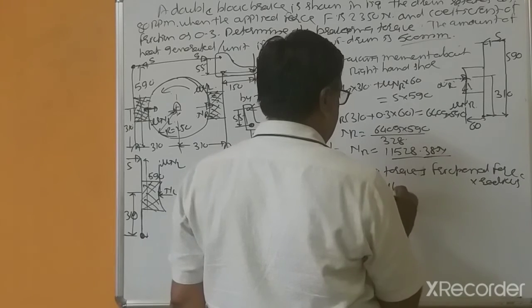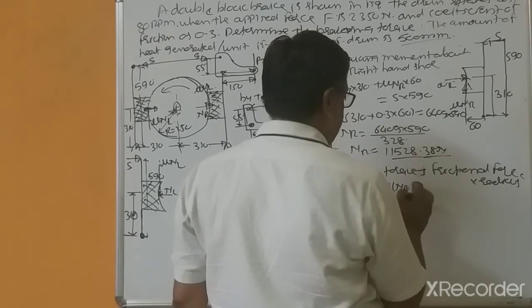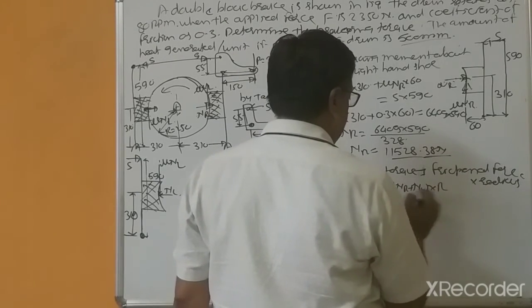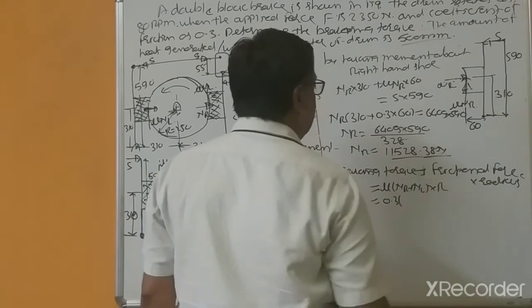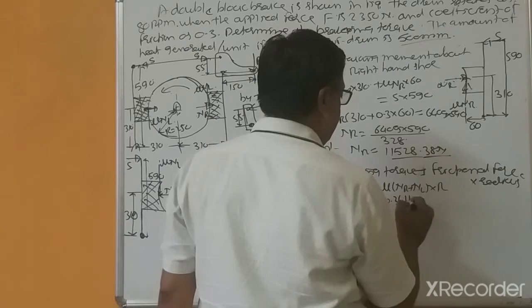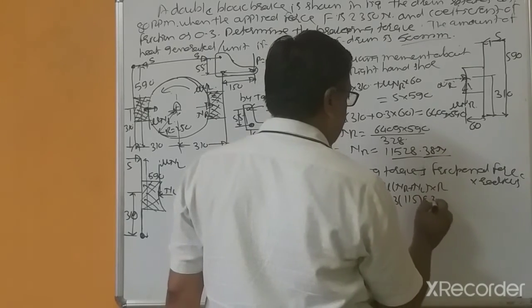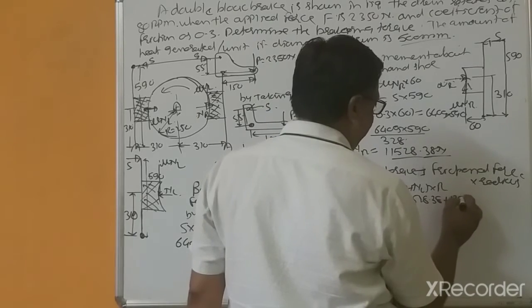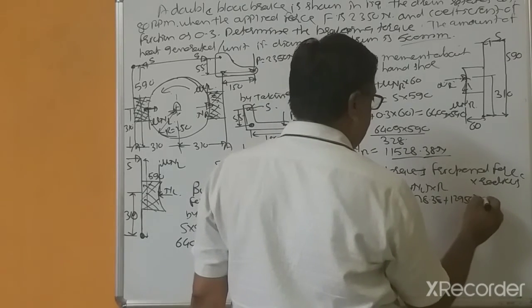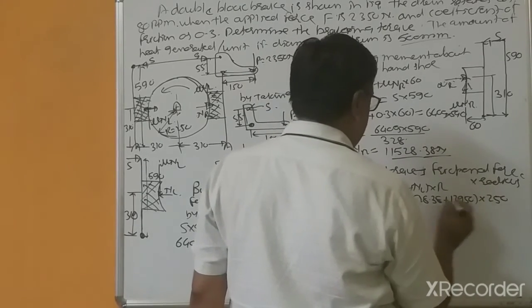So mu into NR plus NL into radius. 0.3 into 11,528.38 plus 12,950 multiplied by radius equal to 250.